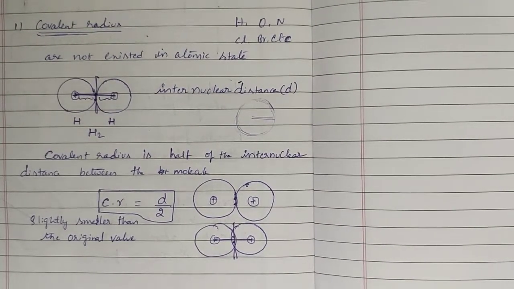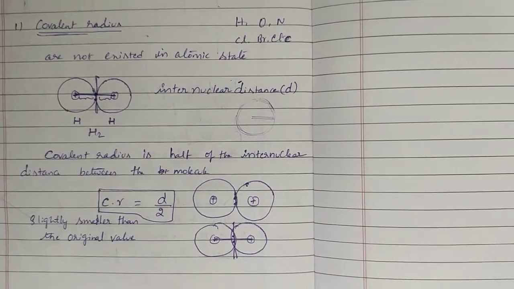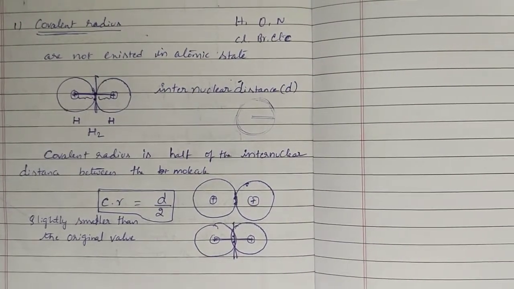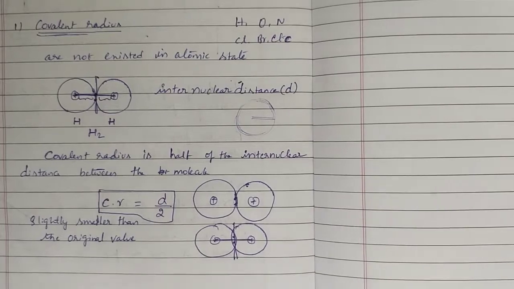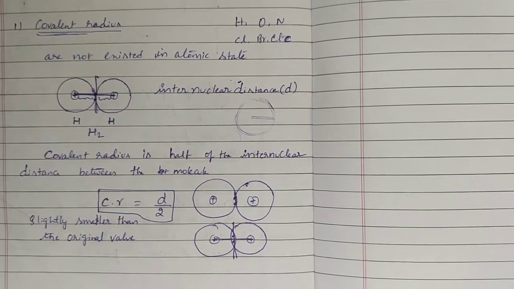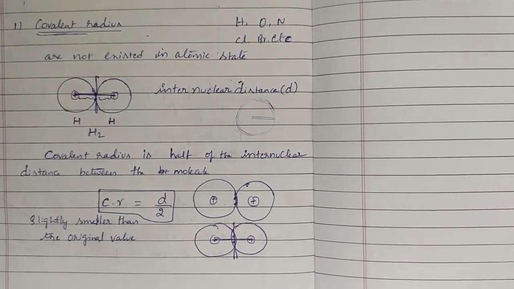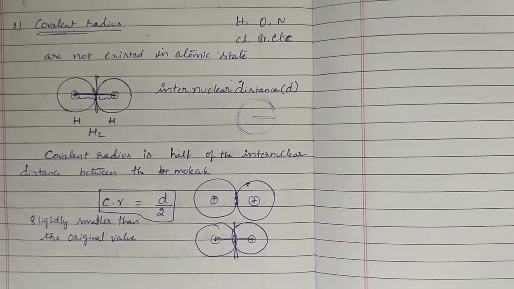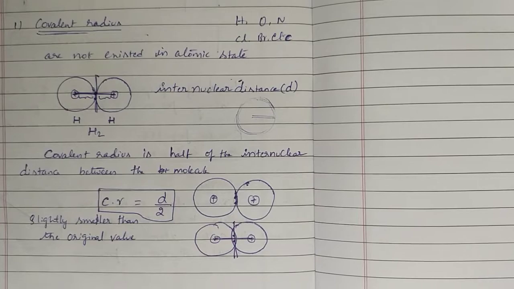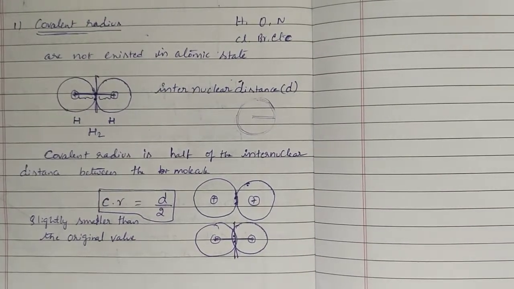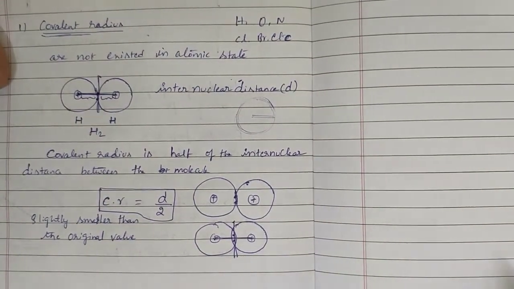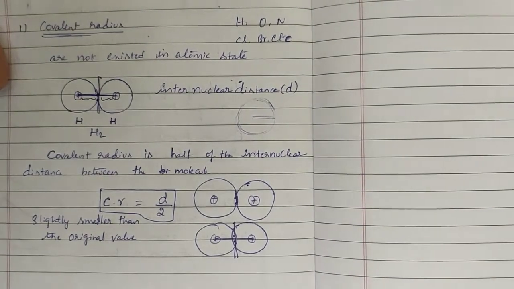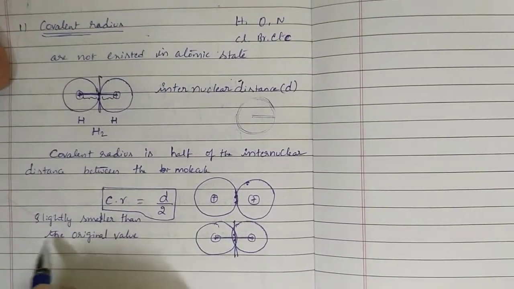If you want to get the atomic radius exactly, first we want to identify the individual atom. But hydrogen atom, oxygen atom, nitrogen atom do not exist in the atomic state. That's why we cannot obtain the exact value, only a value slightly smaller than the original value.